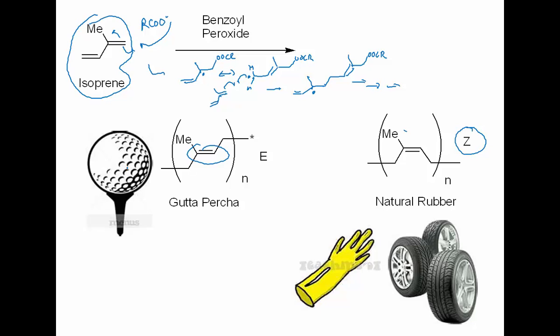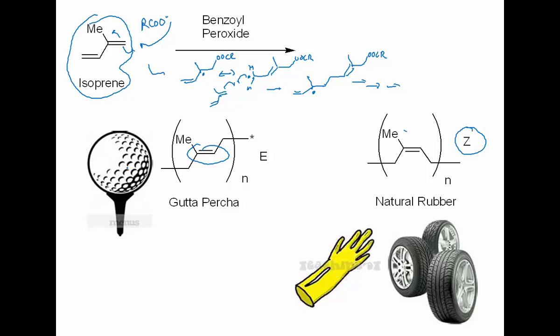And we see that depending on how you polymerize this, if you got E or Z, you would have very different materials. Well, it turns out I don't think industry's ever really learned how to polymerize isoprene and get complete rubber or complete gutta percha.